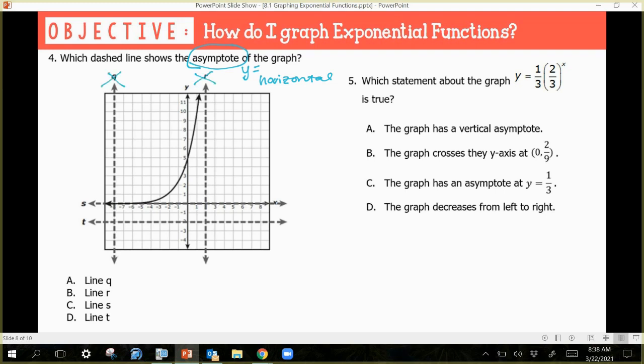Q and R. For S and T, they're both horizontal lines, but the asymptote has to be approaching that line. It has to be really, really close to our electric fence. So which one would show that, S or T? It's going to be S. T is too far. The graph isn't approaching T, it's approaching S.